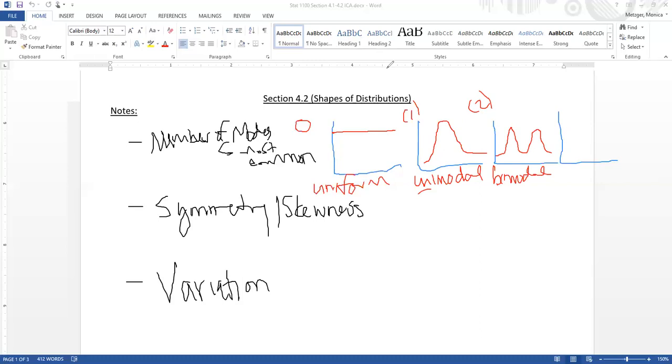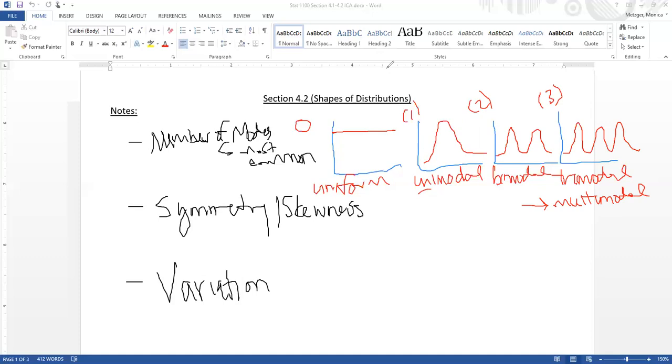So we have two modes. And lastly, we can have a trimodal. And it's just as you would expect. Here we're going to have three values that occur more than any other value. Anything after that we consider to be multimodal. So you often won't see anything that says quadrimodal, for example.